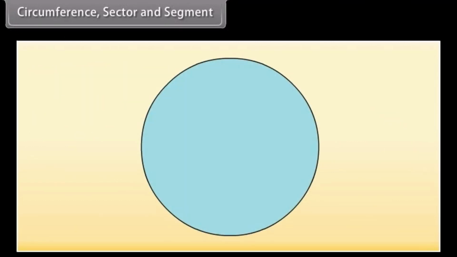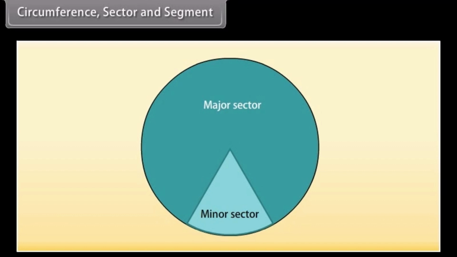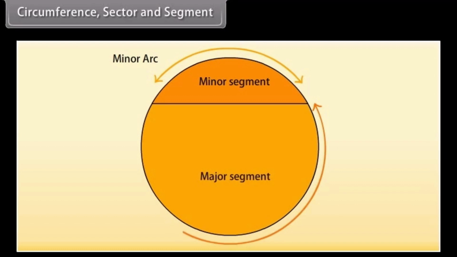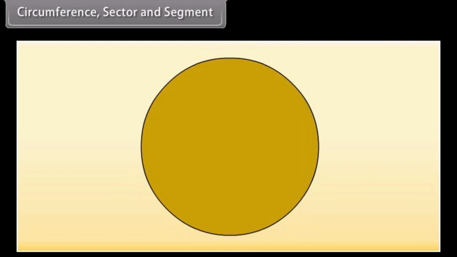There are 2 types of sectors: the minor sector and the major sector. Like sectors, there are 2 types of segments: the minor segment and the major segment. Now look at this circle. Here, both the arcs are equal. Therefore, these 2 are semicircles.